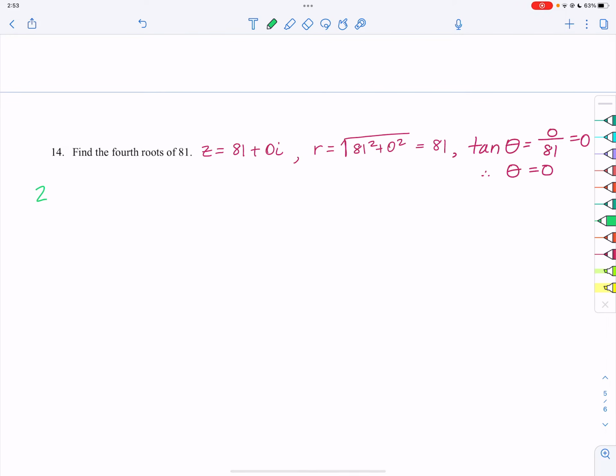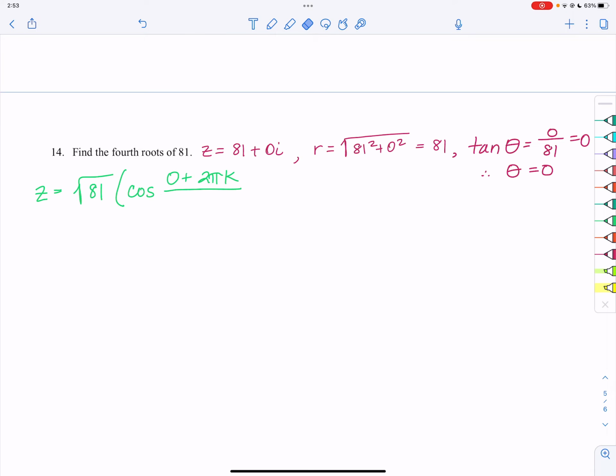We can say that z is equal to the 4th roots of 81 times the cosine of 0 plus 2 pi k divided by 4. And remember here, this 4, let me go ahead and change this to a different color.